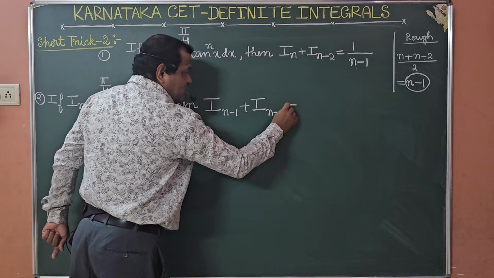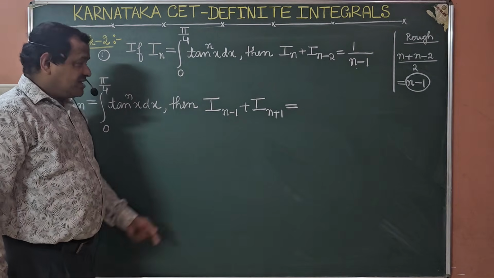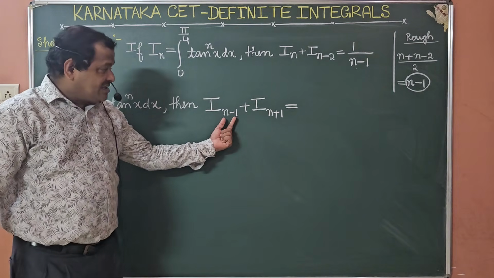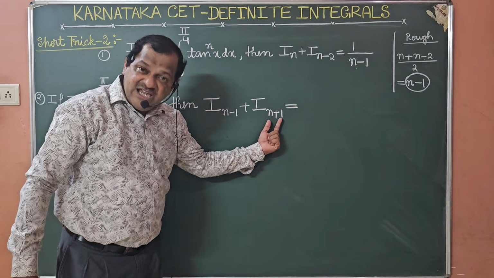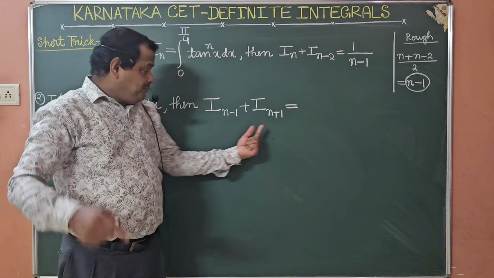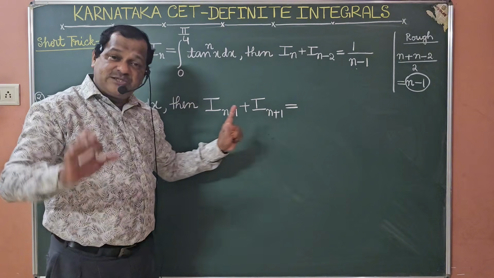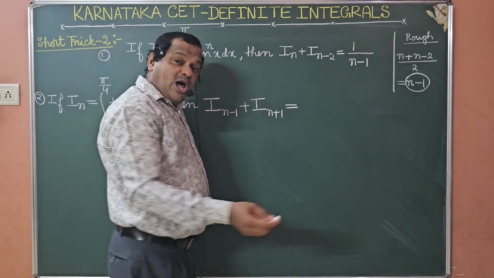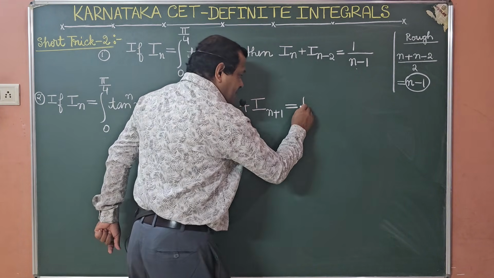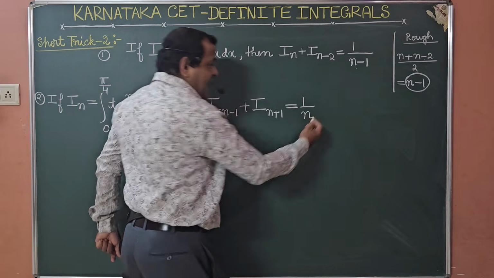One can do it as mind work. Add this suffix n minus 1 to this suffix n plus 1, divide by 2. So n plus n, 2n by 2 is n, minus 1 plus 1 cancelled. So the reciprocal of that n, I mean 1 by n, is our answer.